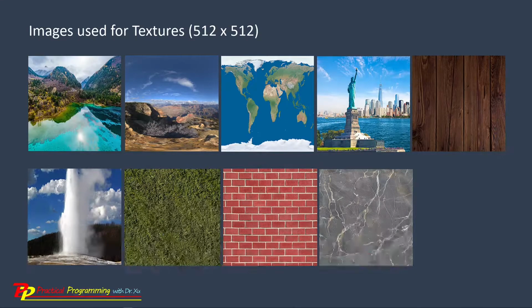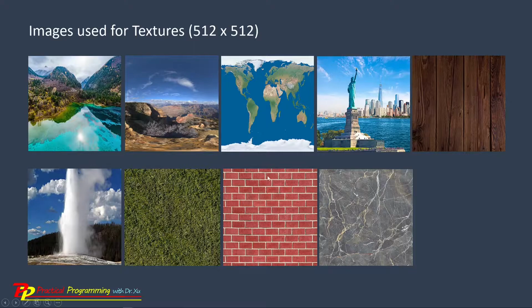In order to create the textures, I have added 9 images to the DRST assets folder. These images have the same size, 512 by 512 pixels, and have the same PNG format.